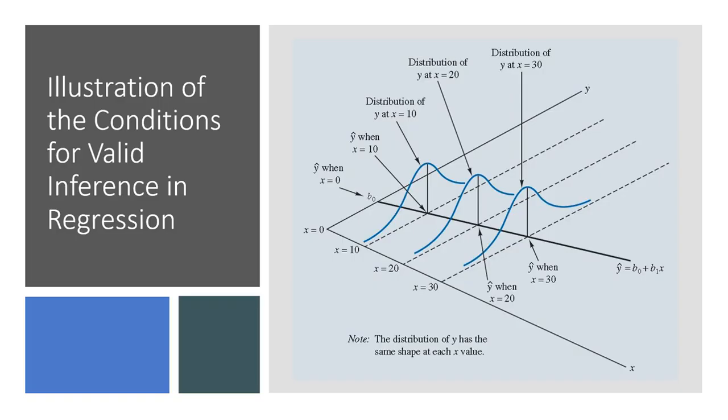What this looks like is a model of these conditions and their implications for simple linear regression. Note that in this graphical interpretation, the value of E of y of x will change linearly across the specific value of x that's being considered. The mean error is going to be 0 at each value of x.